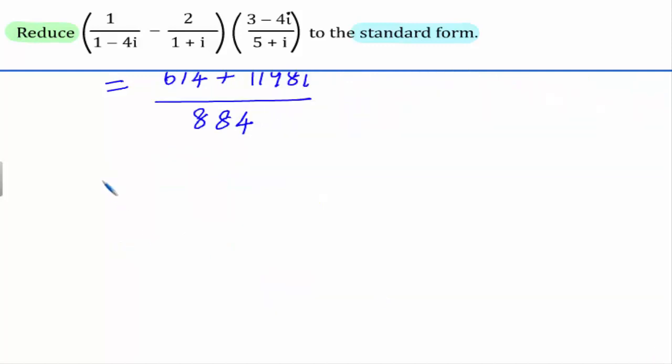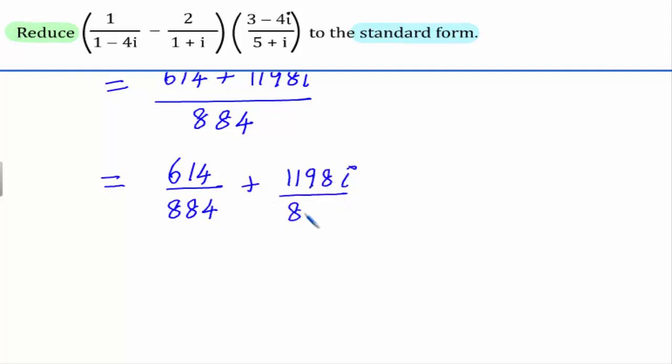This can be written as 614 divided by 884 plus 1198i divided by 884. By dividing the numerator and the denominator of this fraction by 2, we get 307 upon 442.